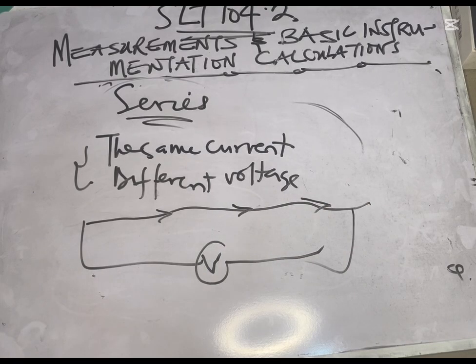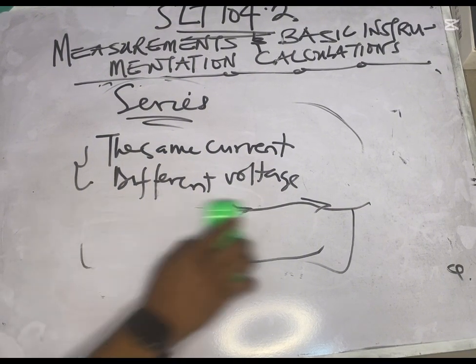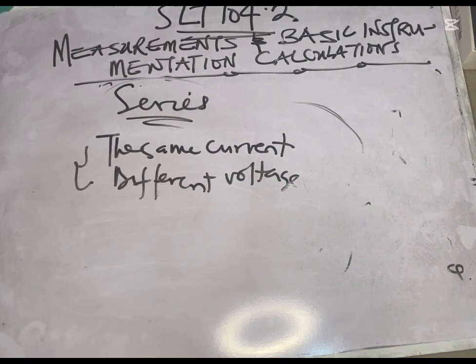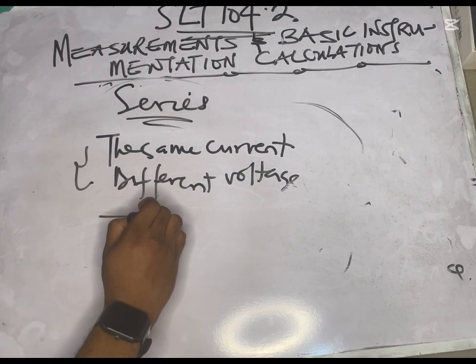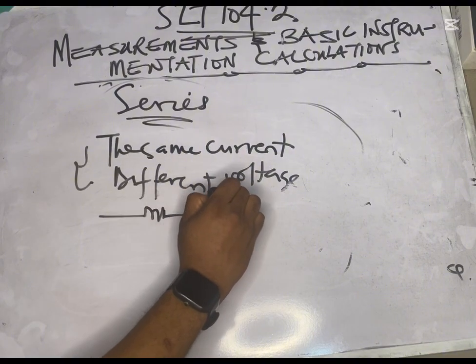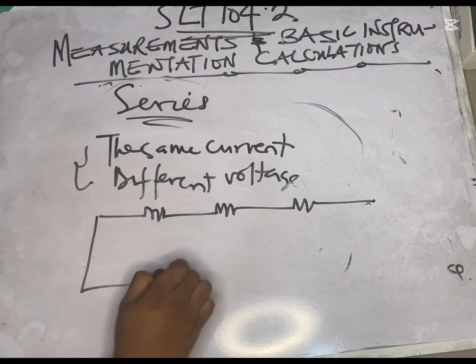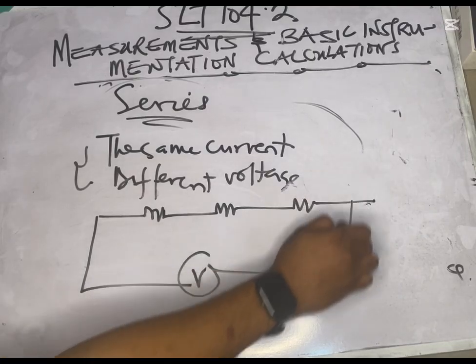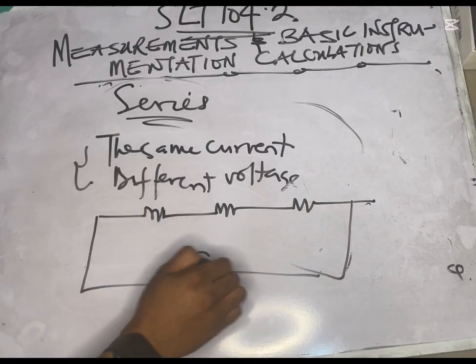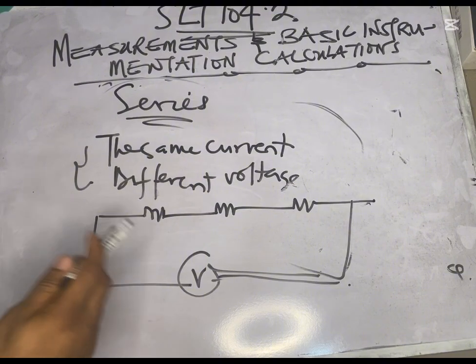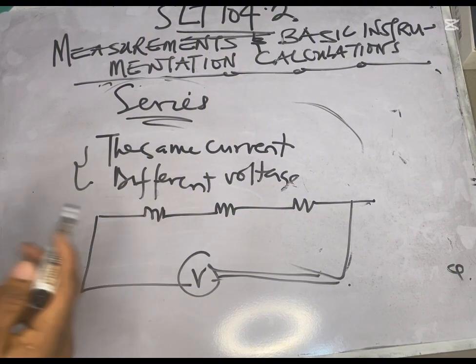Basically, this is just a wire connection. We have not even added the resistors. So if we add the resistors now, this is how a series connection will look. Then you have your voltage, the potential difference, which is gotten from the battery.